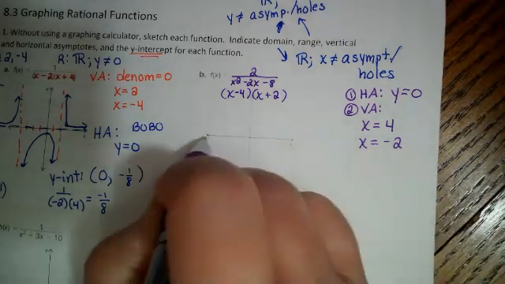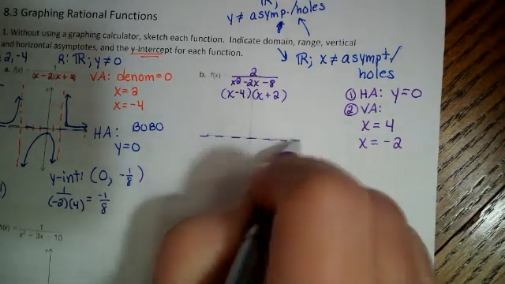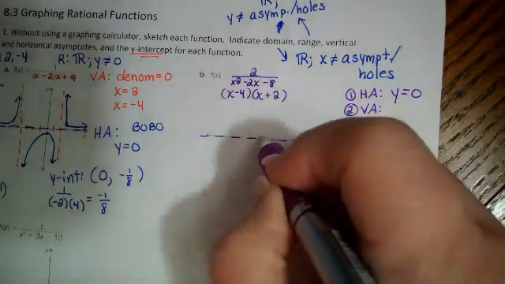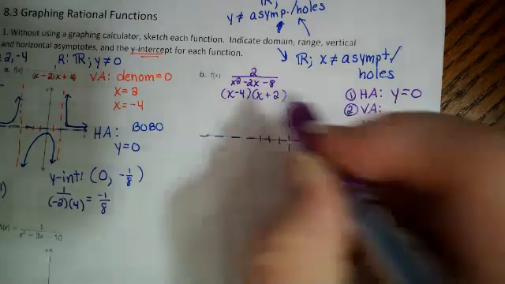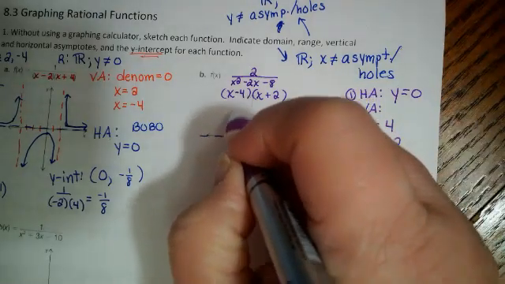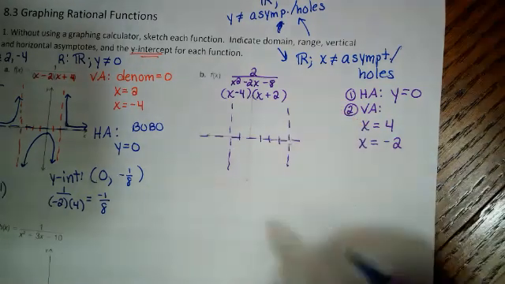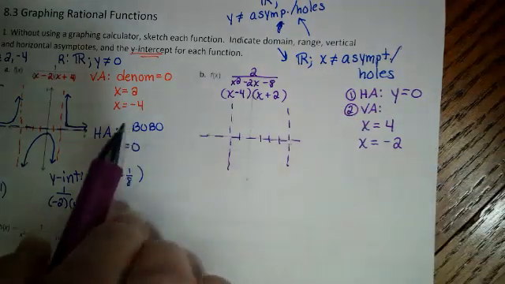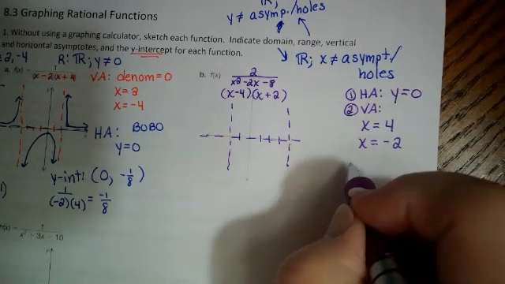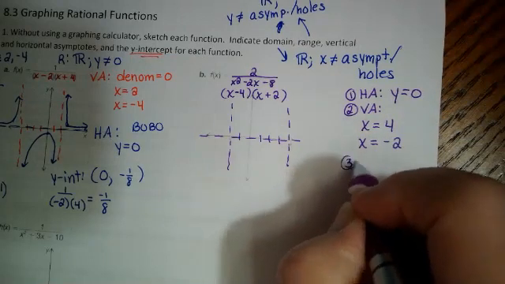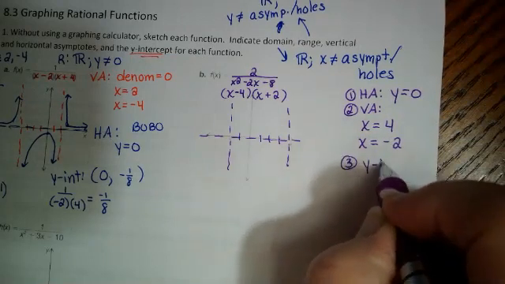So we've got 3 asymptote lines here. I have y equals 0. I have x equals 4. And I have x equals negative 2. Now they asked us to find the y-intercept. That will be helpful.